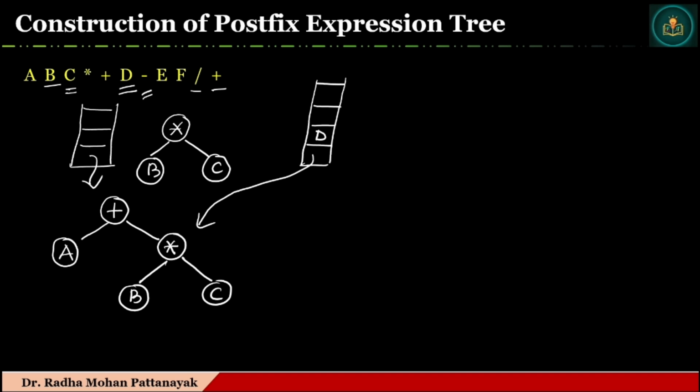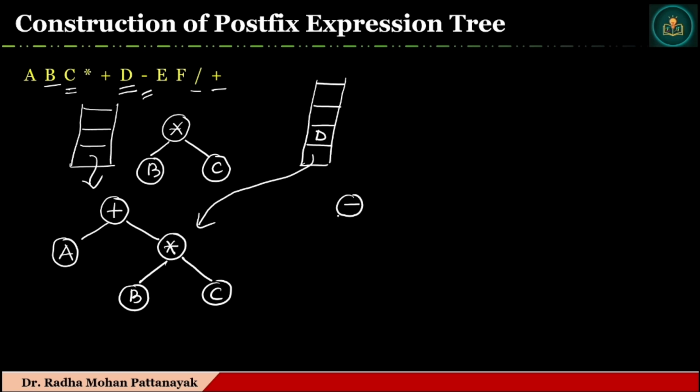Then what is the next character? Minus. Minus means what will you do? Pop two characters from the stack. The first is D and the second is that tree. So design a tree by taking these two with minus. Take minus as the parent node.